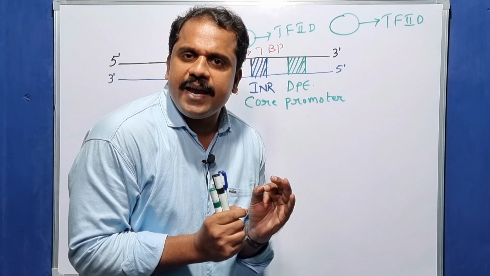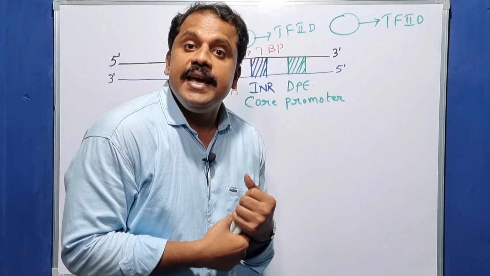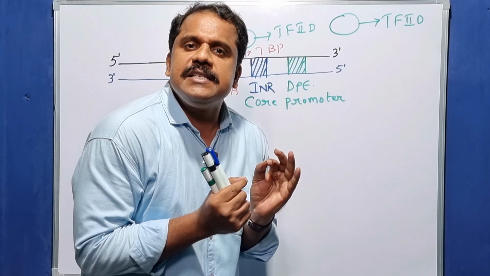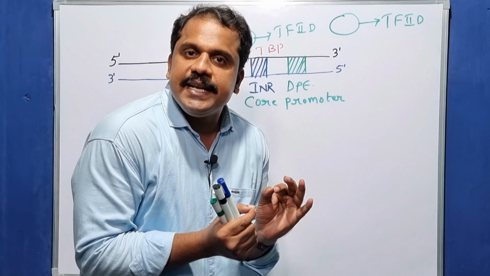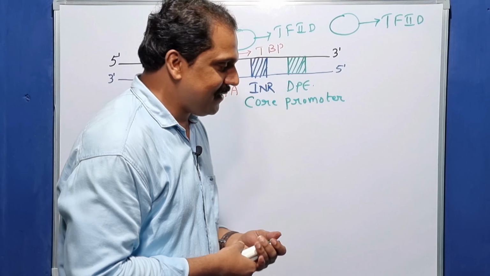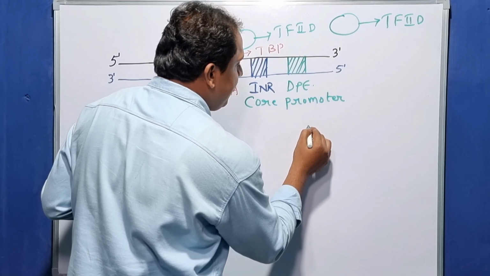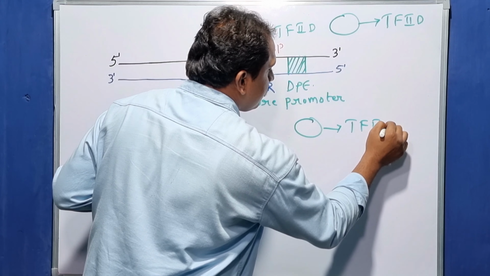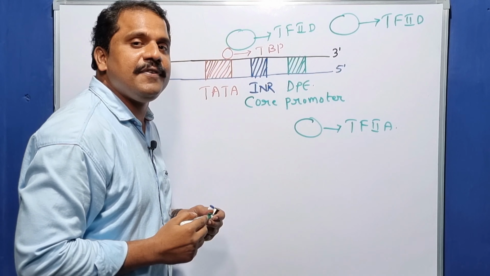transcription process takes advantage of one more other transcription factor, and that specific transcription factor is nothing but what? TFIIA. Is it clear? So what is it? TFIIA. So what is the role of TFIIA?